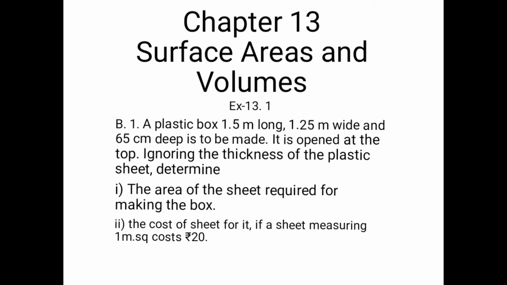so to solve this question, we have to first look at the question very carefully. It is given 1.5 meter long, 1.25 meter wide, and 65 centimeter deep, right? Here, long will be your length, wide will be your breadth, and deep will be your height.